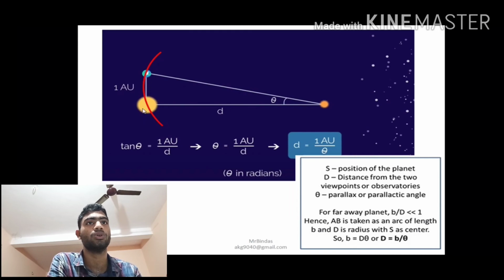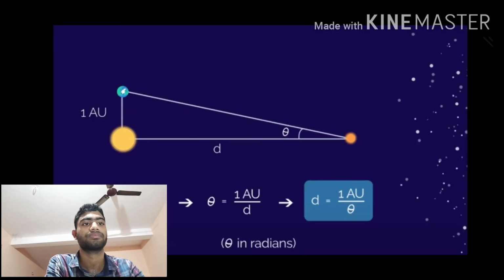So we put the arc formula, which I already told you, how we calculate the radius by using the arc and the theta. So you can simply calculate the distance of a planet from earth by just putting the simple trigonometric formula using the parallax method.